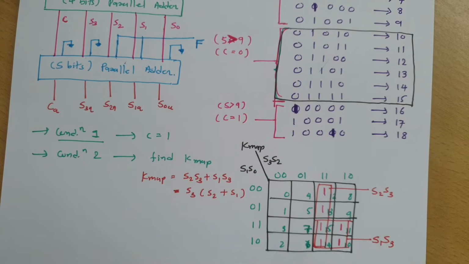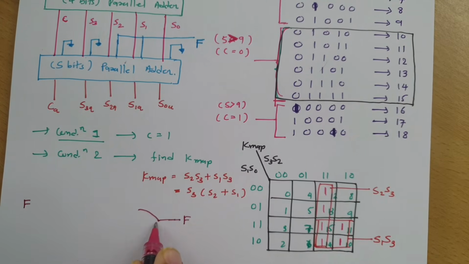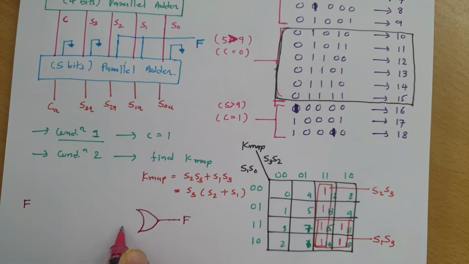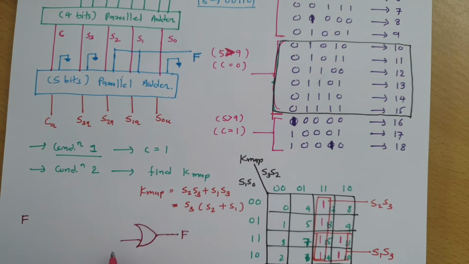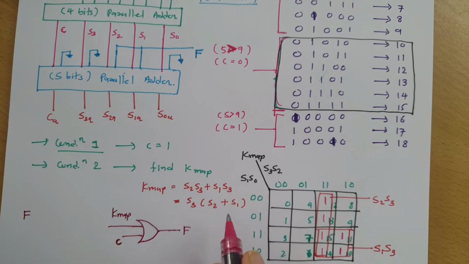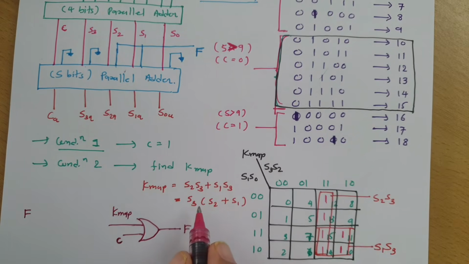So the function f has one OR gate, and in that OR gate one input is carry, that is this C, right? And the second input is the K map, that is S3 dot S2 plus S1, right?